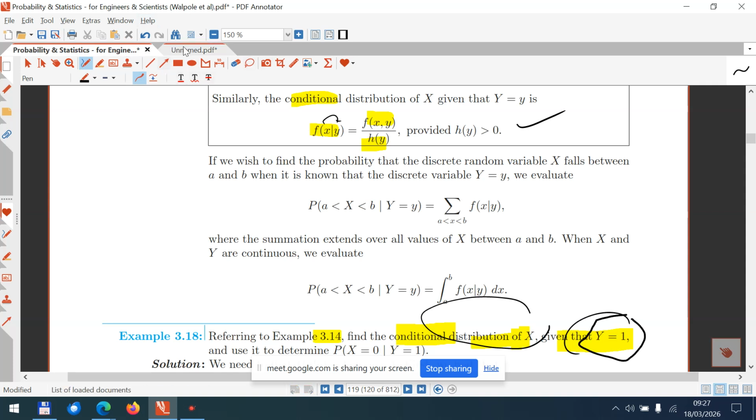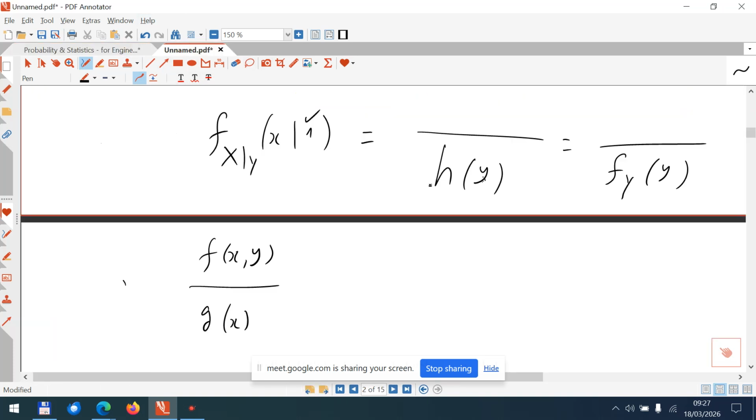So it means that here we need to fix this to 1. And here I will need the joint distribution, right? So x comma y, you will usually write y, but we have fixed y to 1. So this will be 1, and this will be 1.